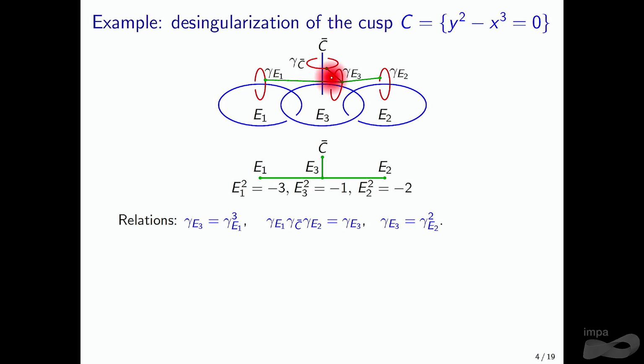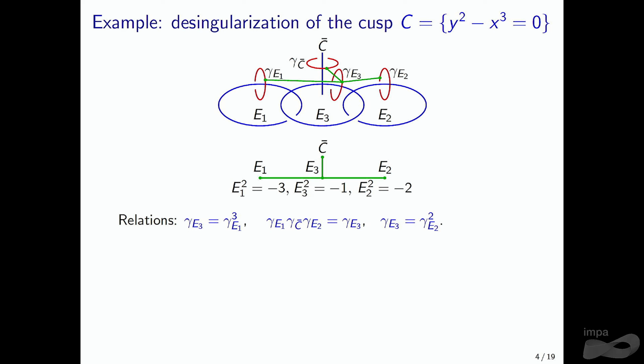This is just gamma E3, the product of all the things that arrive to E1 is only E3, equal to gamma E1 to the power 2 minus the self-intersection, that is 3. The same thing for the second divisor. For the third, we have this relation. The commutativity relations are not necessary to be made explicit because they follow from these other relations.